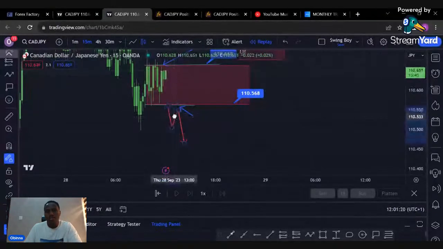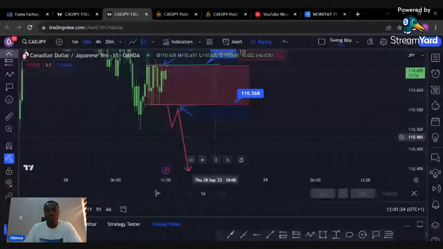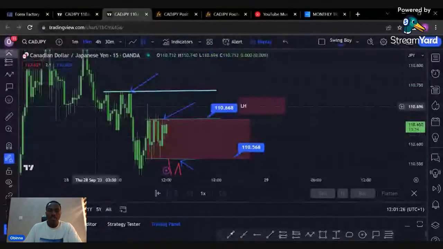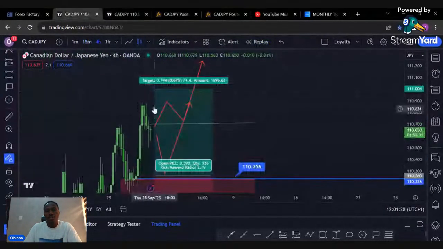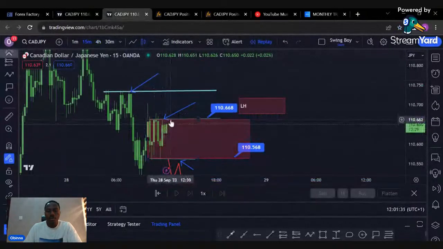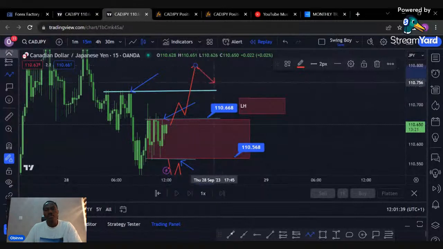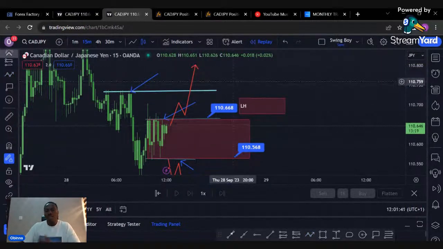Wait for price to break out of the range, retest to continue going down. There's a lot of range to go down. But if price is going to go to the original direction of uptrend, then you want to allow price to break above this lower high, retest to continue going up. So that's what you want. Those are the two options that we have here.